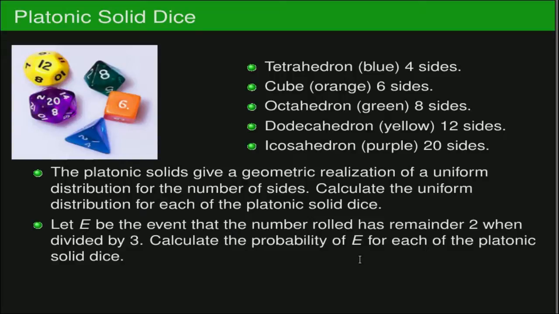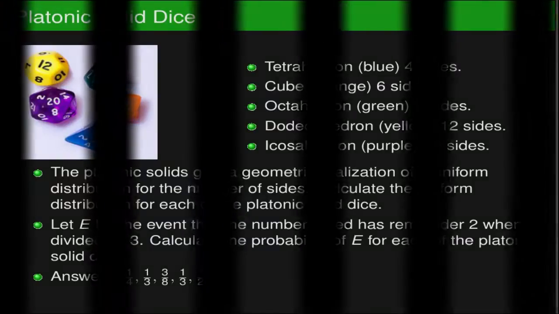Now, just to give you a heads up, here are the answers that you should get. You should get 1/4, 1/3, 3/8, 1/3, and 7/20 for the probability of E for each one of these Platonic solid dice.